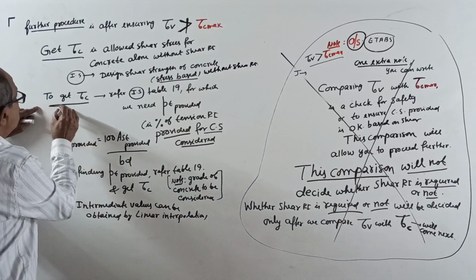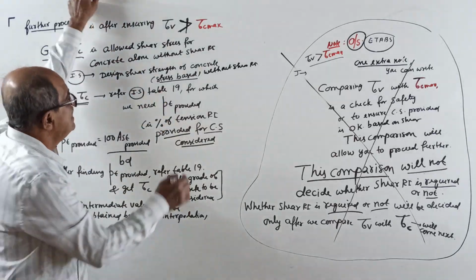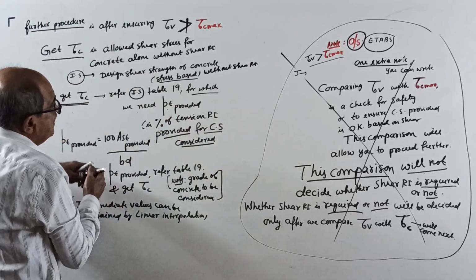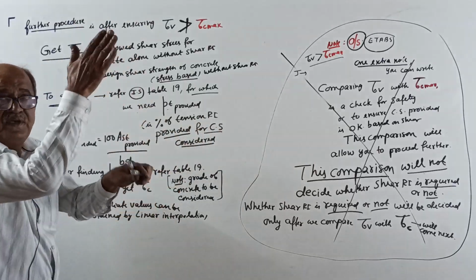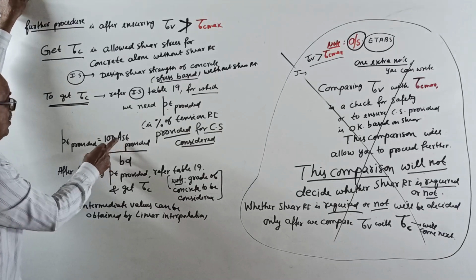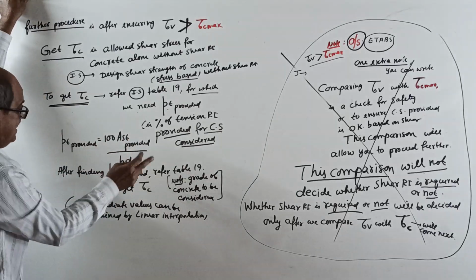Now, how to get tau c? Refer to IS code Table 19, for which we need PT provided, that is the percentage of tension reinforcement provided for the cross section considered. You already know AST provided. So PT provided equals 100 times AST provided divided by BD.